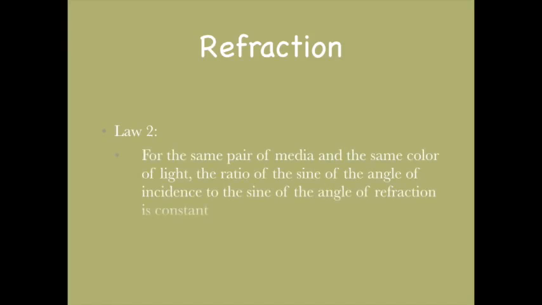Now let's go to law number 2. This states that for the same pair of media and the same color of light, the ratio of the sine of the angle of incidence to the sine of the angle of refraction is always a constant. We will be learning further about this later in the lecture.